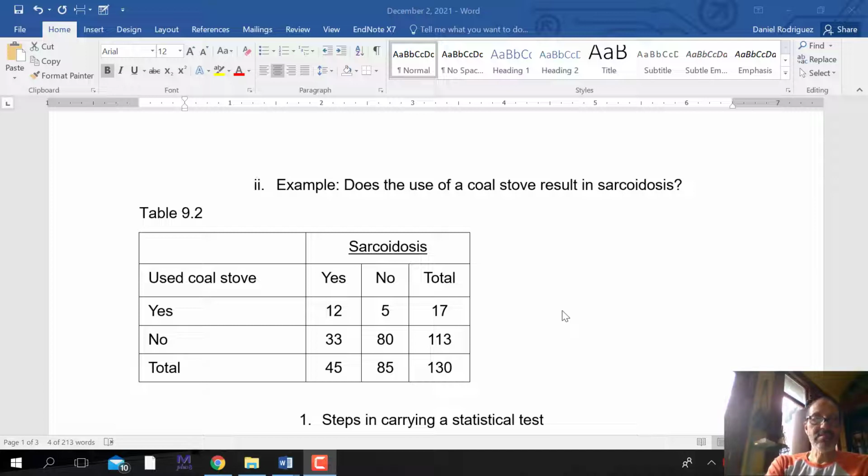So in this case, there are 17 successes and 113 failures, although obviously having a disease is not qualitatively a success, but in probability terms, that's what we're looking for. In terms of sarcoidosis, which is the columns, we have 45 individuals have sarcoidosis and 85 do not, so there's 45 successes and 85 failures.